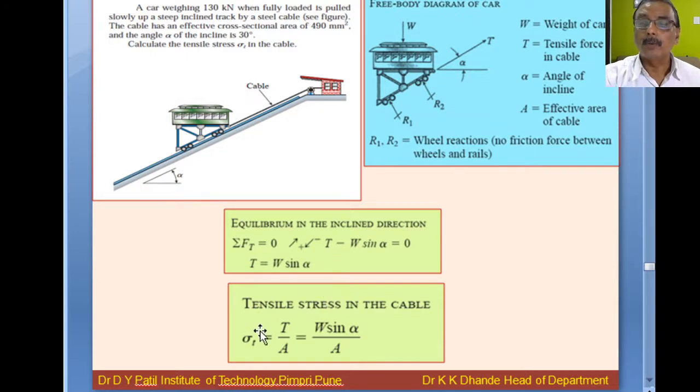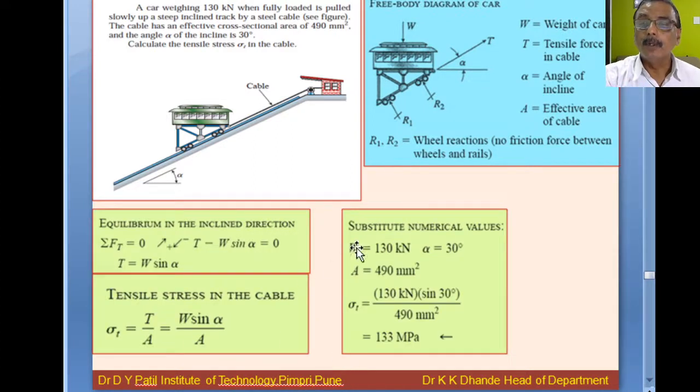So we have to calculate the tensile stress in the cable. Stress is equal to load upon area. Which type of load is acting here? Tensile load, which in this case is T. What is the value of T? W sine alpha divided by the cross-sectional area A. W is known, 130 kilonewton, the car weight that is given.